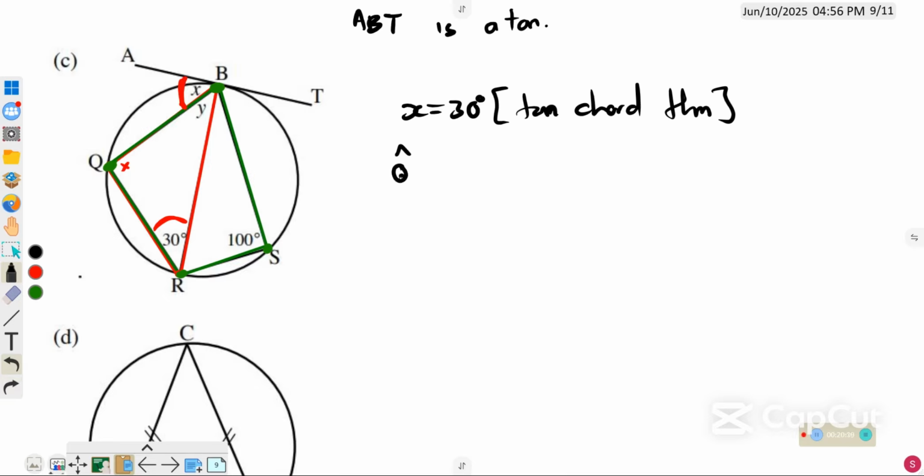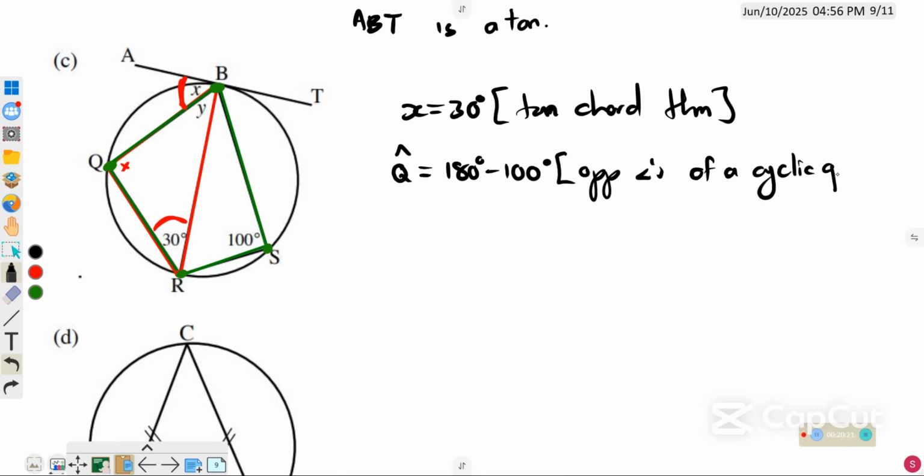First, we are going to find angle q by saying angle q is equal to 180 degrees minus angle s, which is 100 degrees, and these are opposite angles of a what? Of a cyclic quad. Okay, so we have angle q, which is equal to 80 degrees. Once we have that, then we can do y.